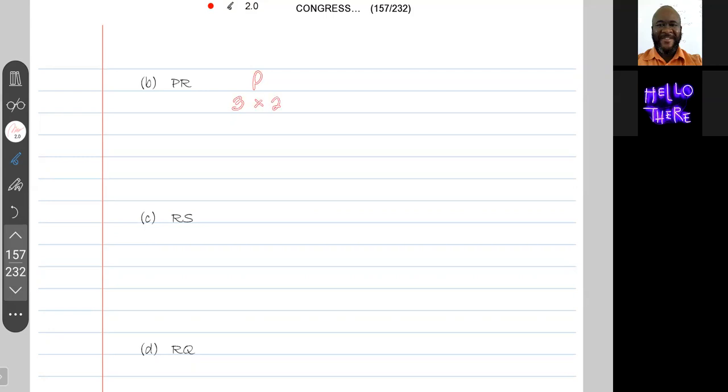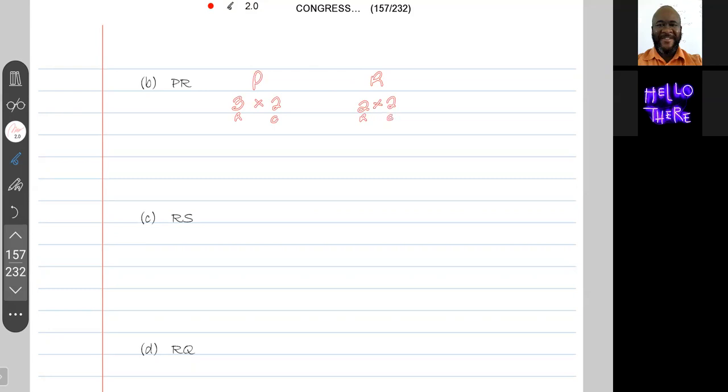It has 3 rows and 2 columns, and R is a 2 by 2 matrix. It has 2 rows and 2 columns.